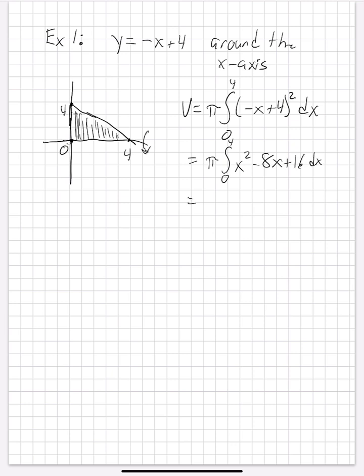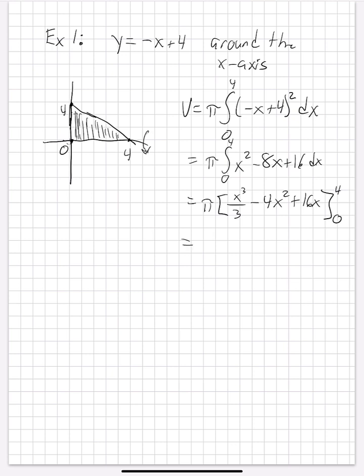Now doing my integration, I get pi times x cubed divided by 3 minus 4x squared plus 16x from 0 to 4. All right, I plug in my upper limit, subtract my lower limit.